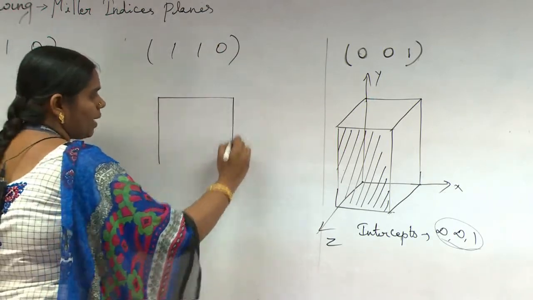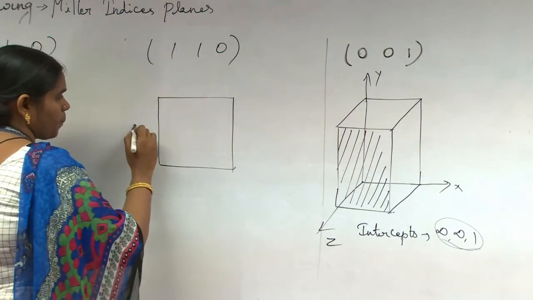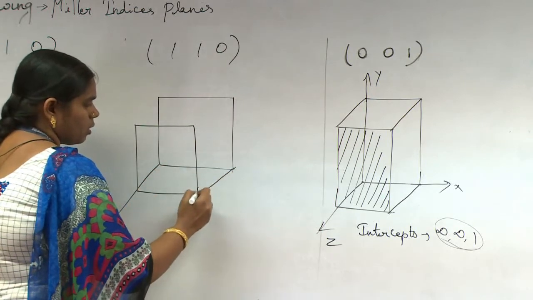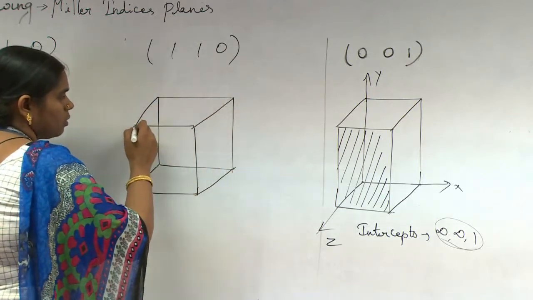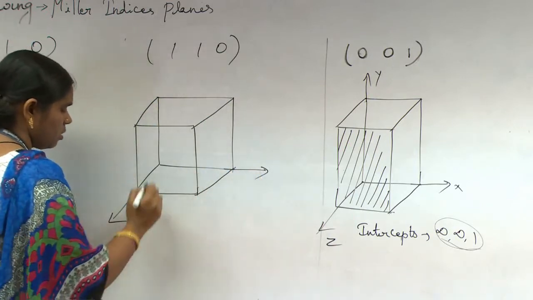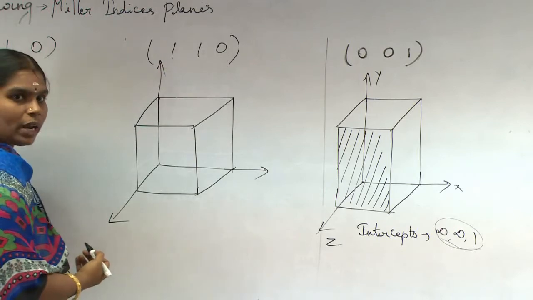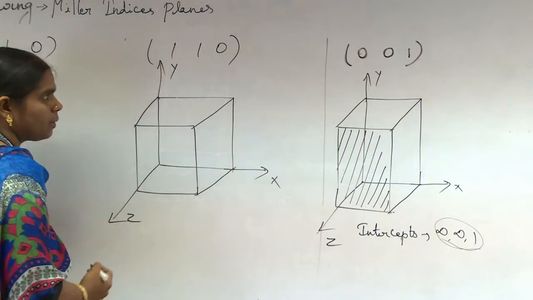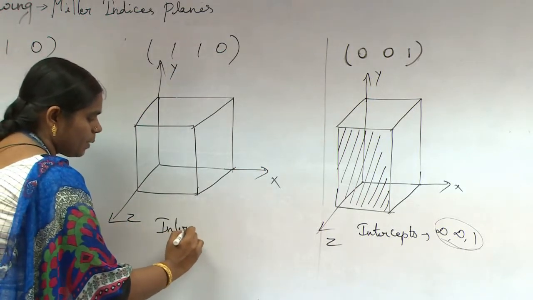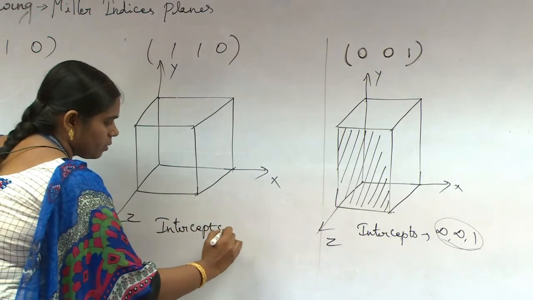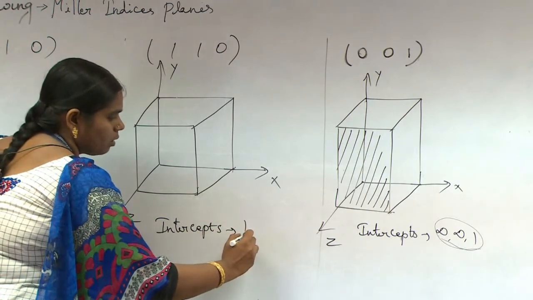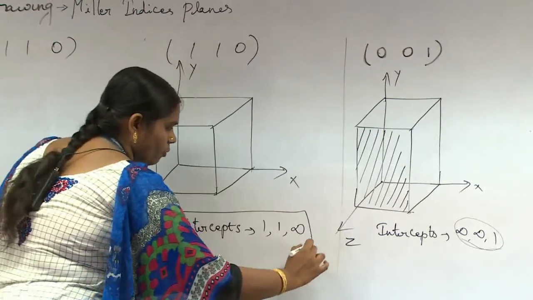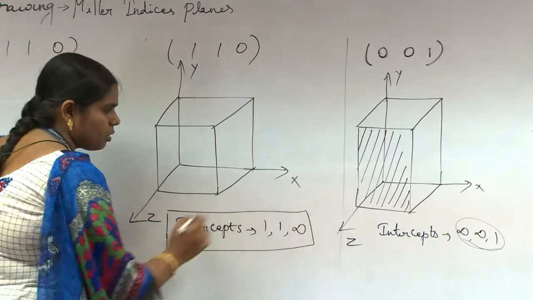First, a cubical lattice is drawn. The three crystallographic axes are represented as x, y and z. Now go for the intercept. So the intercept is going to be 1, 1, infinity, which shows that the plane we are going to draw is parallel to the z axis.